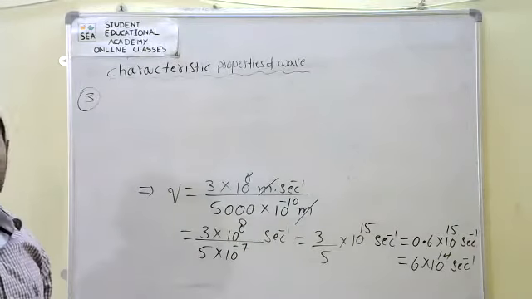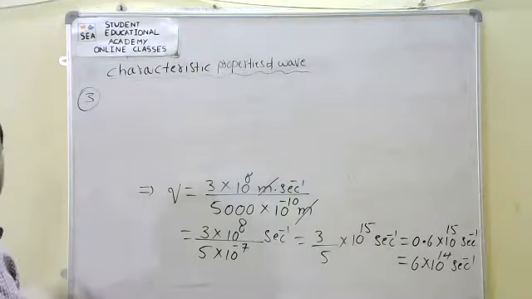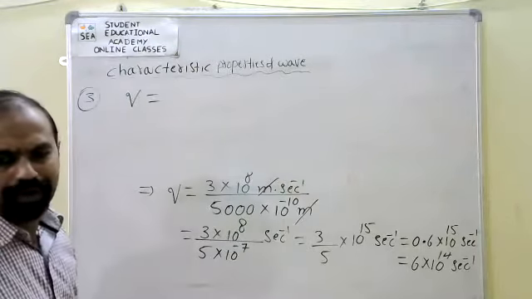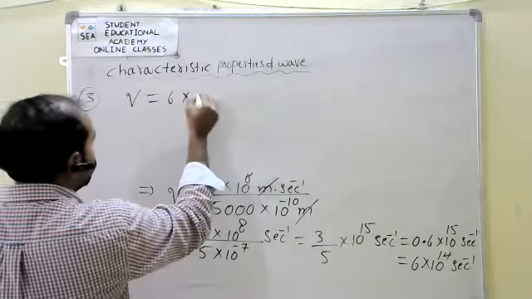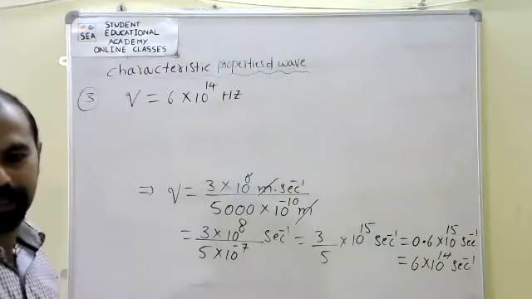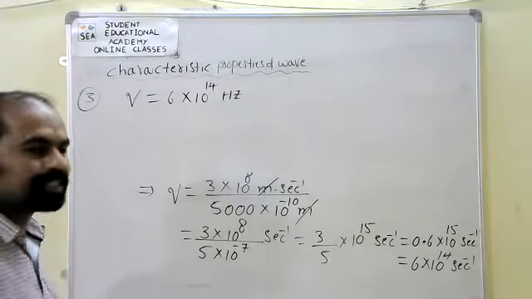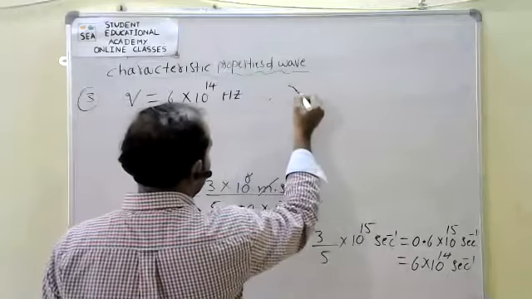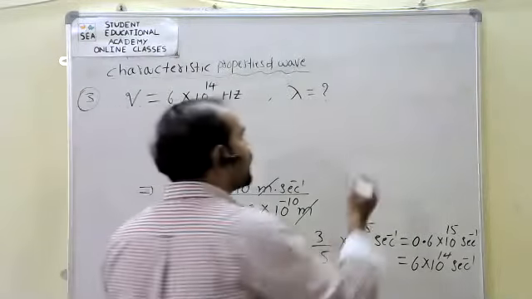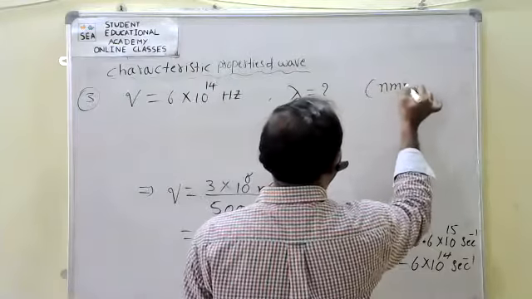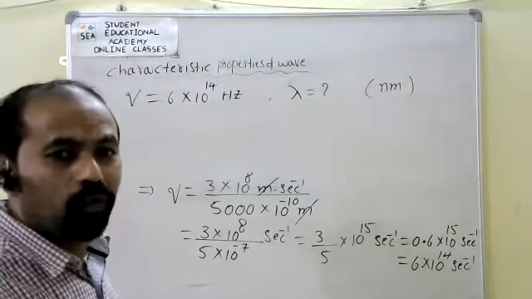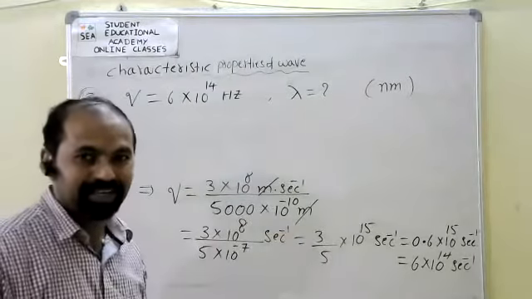If the frequency of light is given as nu, 6 into 10 power 14 hertz, what is its wavelength lambda? What is its wavelength in nanometers? They have given 4 options in nanometers.